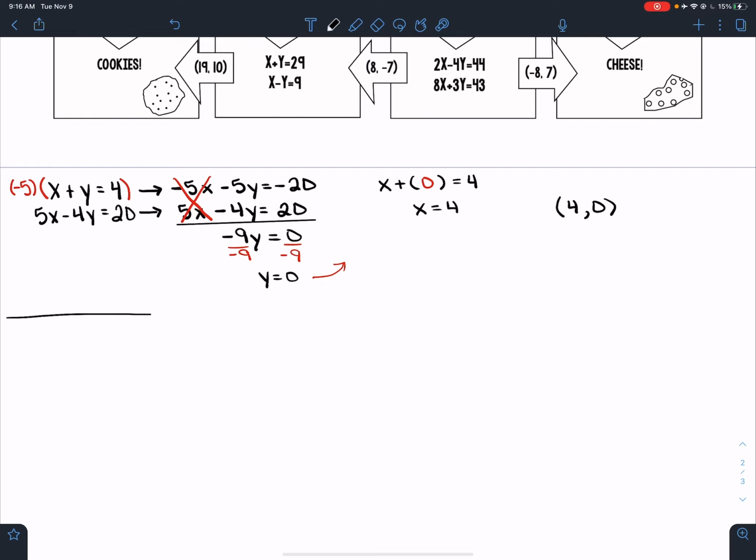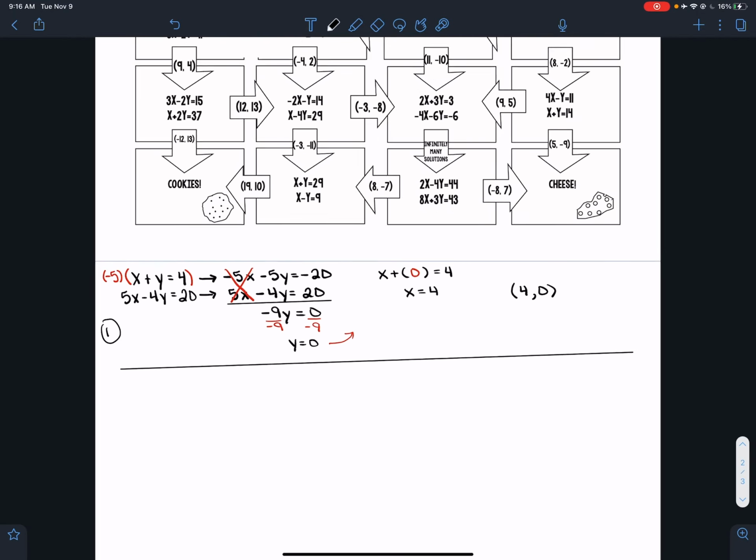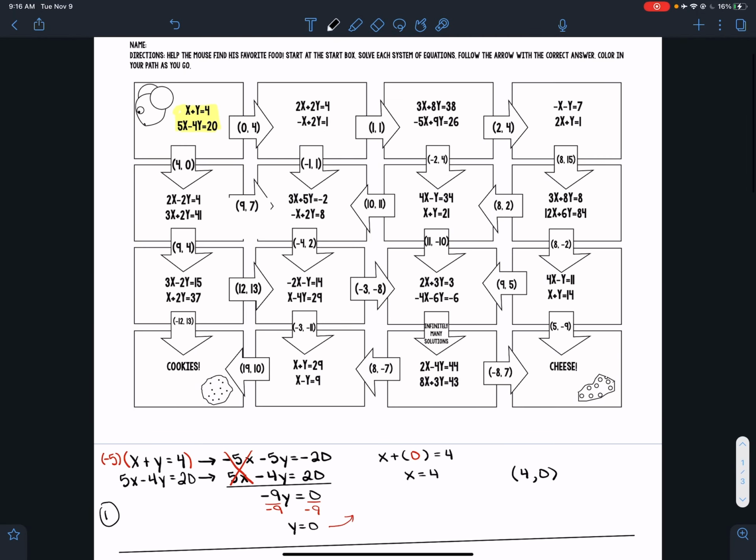Okay. All right, so that is problem number 1. Okay. So when I go back up here, looking for the one that is 4, 0, that would be this one here. So that will be the second equation that we go on to.